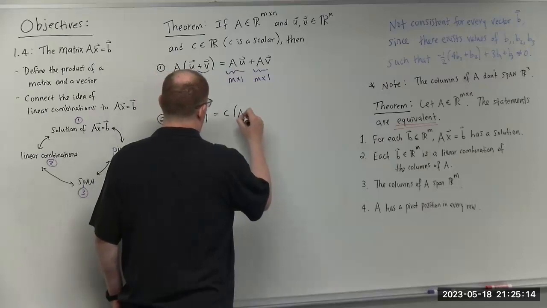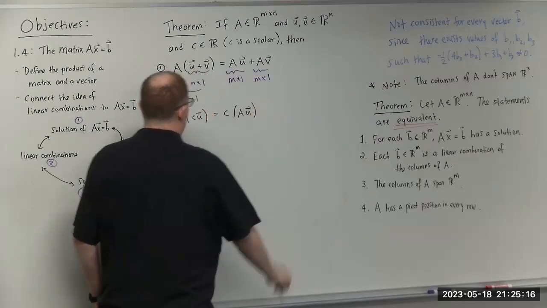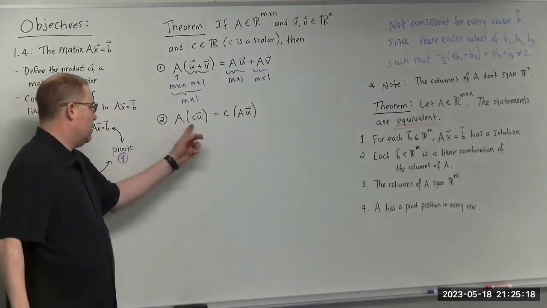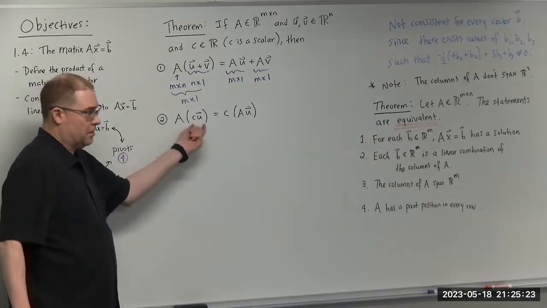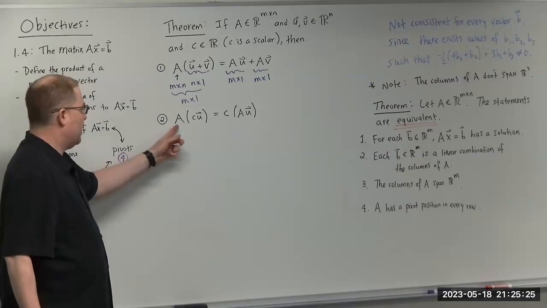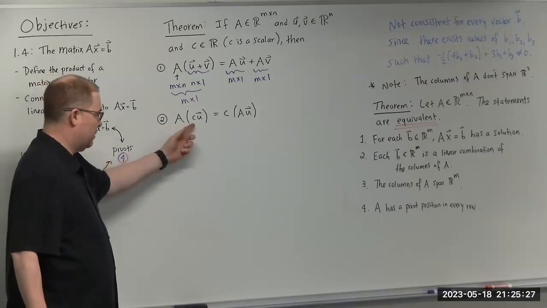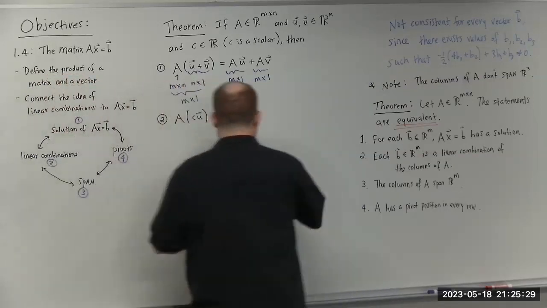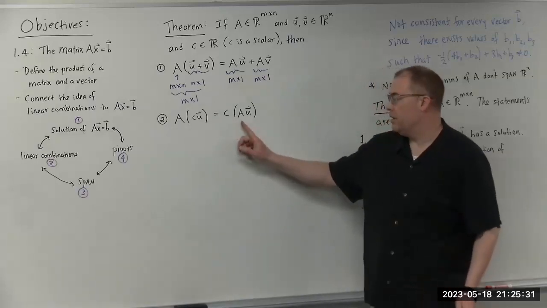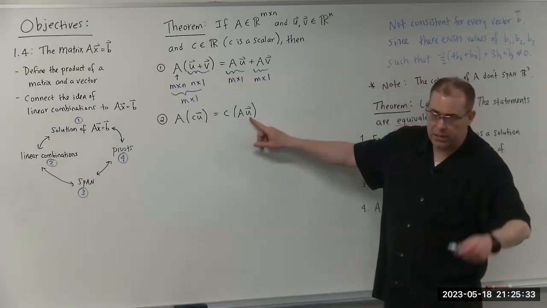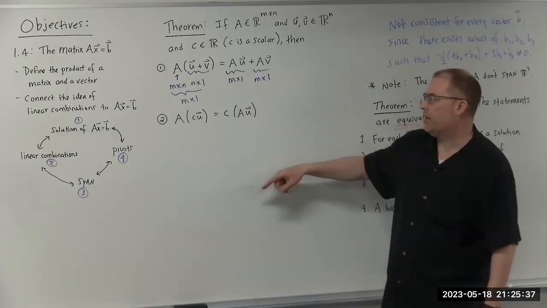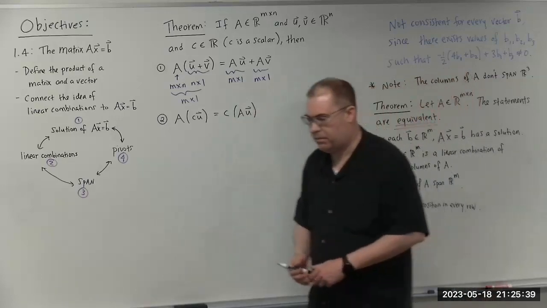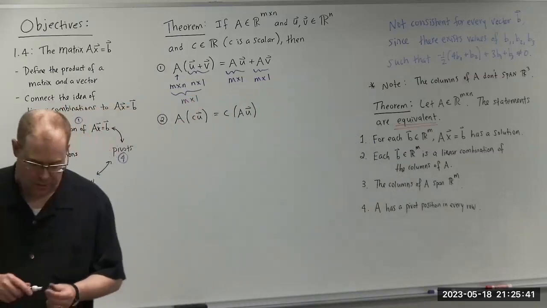The way to think about this is you have a scalar times a vector, that's going to give us a vector. And then this matrix times a vector will give us a vector. And over here, this is the same as taking the matrix times a vector, that will give us a vector, and then we distribute the scalar within that vector. So yes, it makes sense that we can do this.